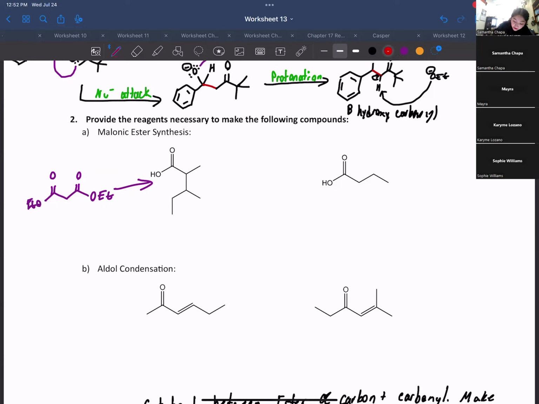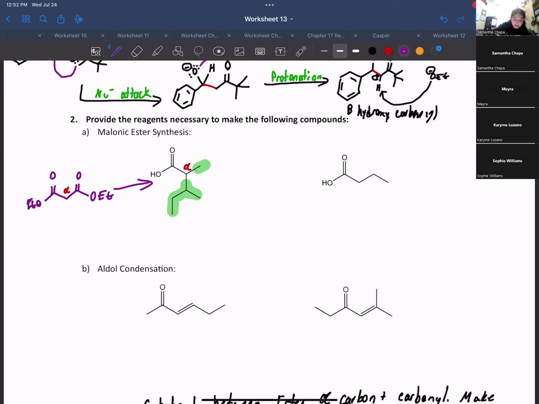First thing you do, identify your alpha carbon. And then notice all the different things that are attached to that alpha carbon. So it's one methyl group, and then it's one whole sec-butyl group. So these are two different groups that are attached to my alpha carbon.